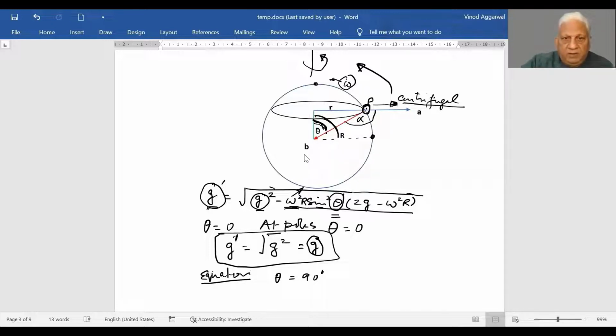If theta is 90, then we know g dash will be g square minus omega square r, since sin square theta will become 1.